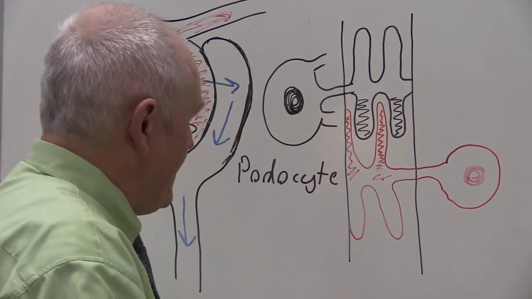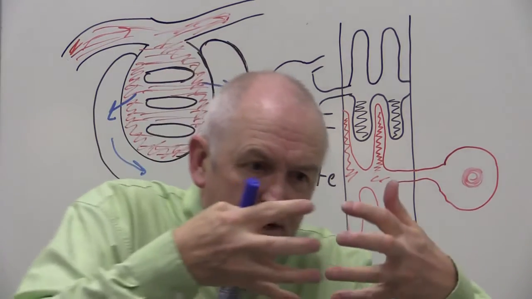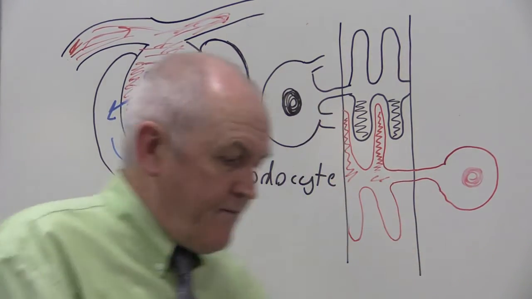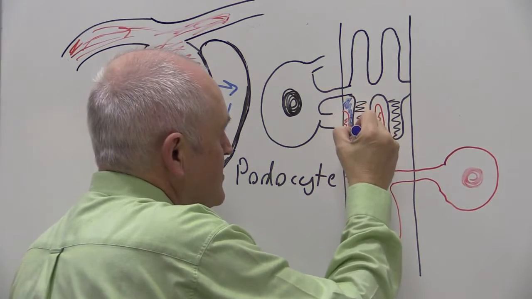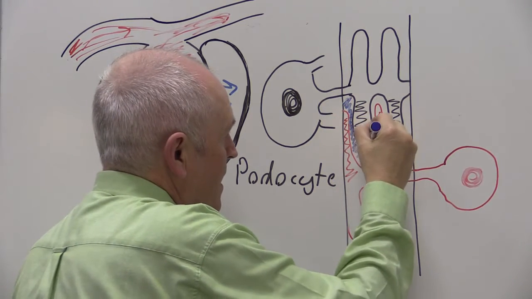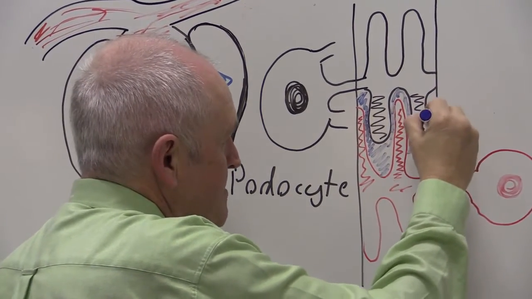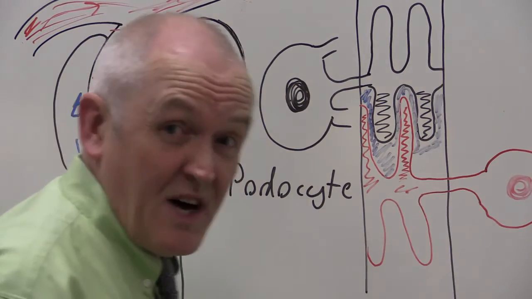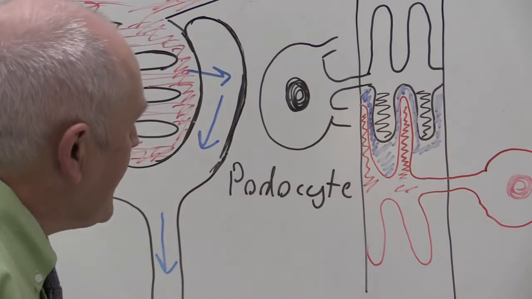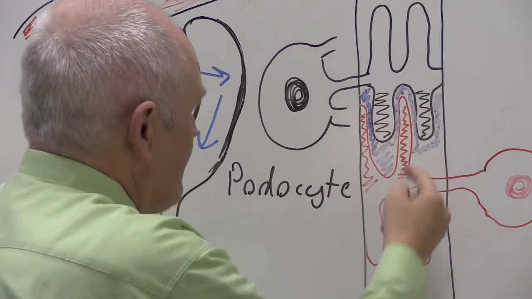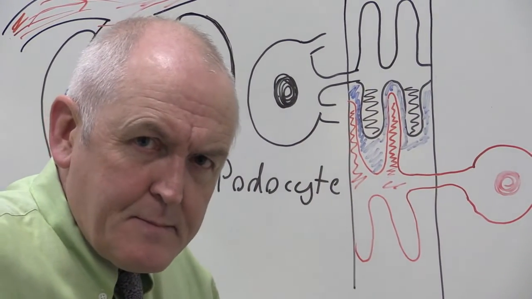I think what you can see now is we've got small gaps between these foot-like pedicle processes. So here we've got the small gaps. I'm just going to colour in blue. Small gaps between the cells, or between the pedicles that are projections from the cells. And these small gaps here are the actual filtration slits.